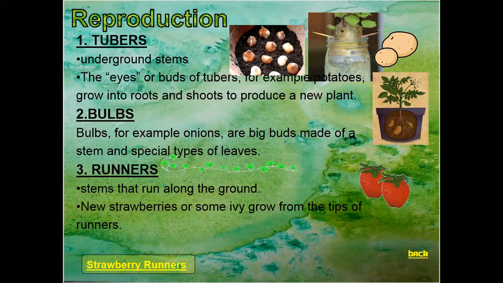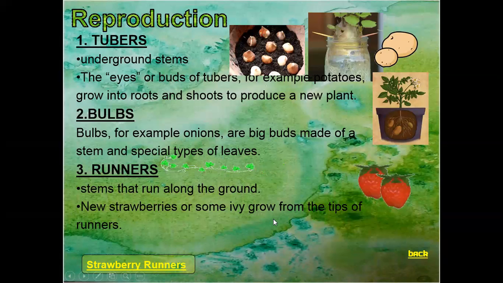The runners are stems that grow along the ground. They can develop into new plants.